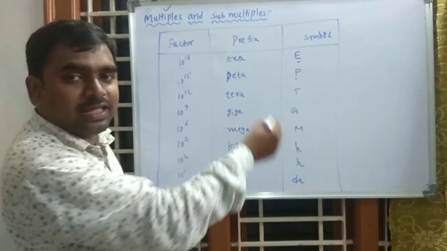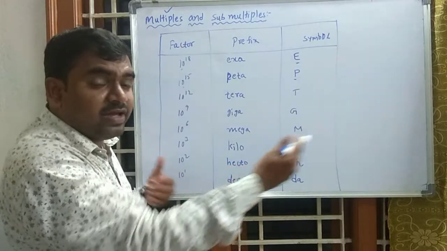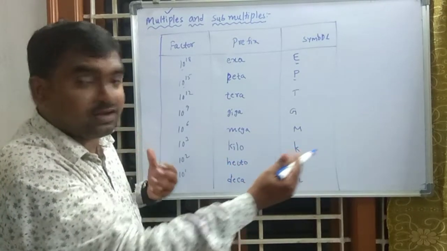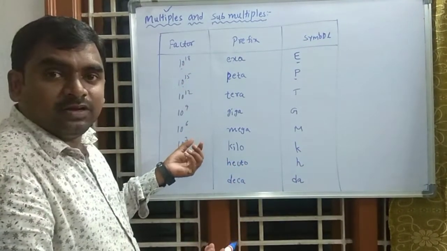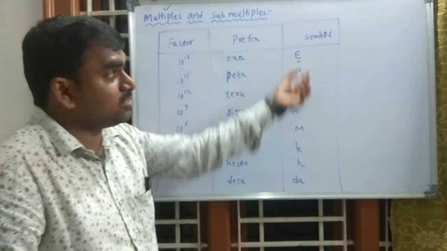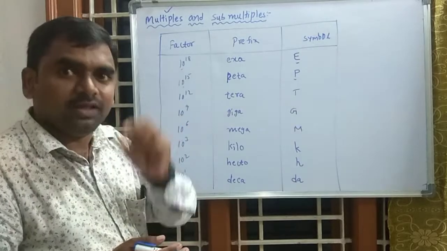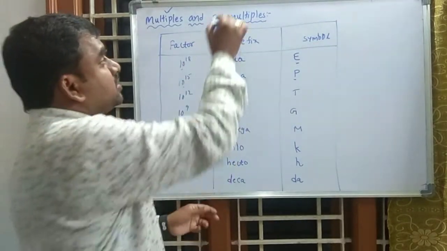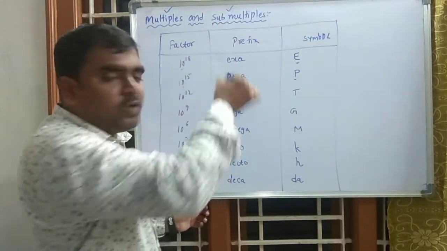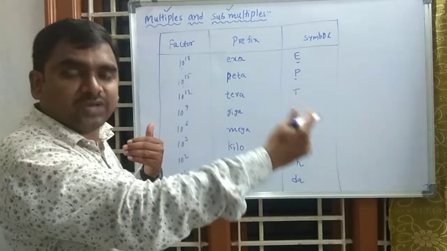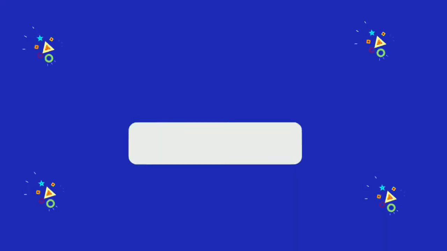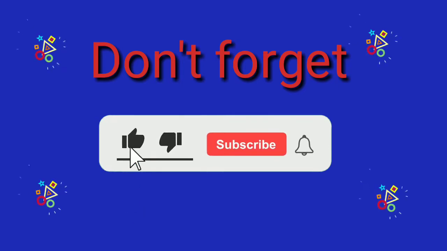Okay, like this, very big values, very large values are there. By using these prefixes and also the symbols, we are making them into small things. Okay, what about submultiples? Up to now we have discussed very large values, but in all situations the values are not large.